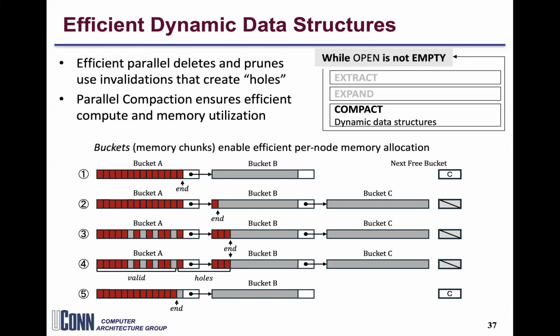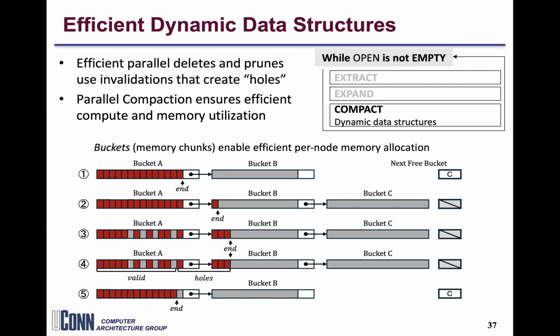Okay, and in this example, now the algorithm runs in number 3, and it deletes and prunes labels. Right, so we create these holes. In parallel, you're deleting. We have an invalidation-based deletion mechanism where we don't have to reorganize the data structure and pay the price. So you, in place, delete them with flags.